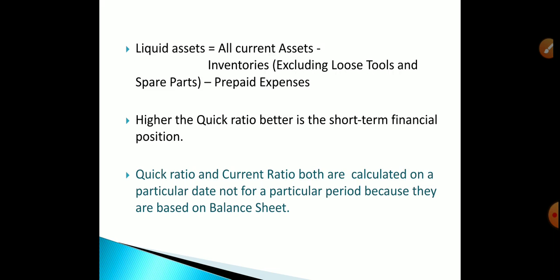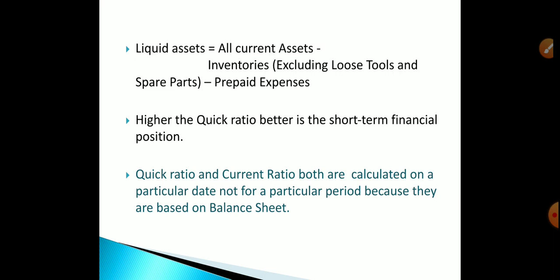And prepaid expenses are excluded because they are expenses paid in advance and they do not get converted into cash. So it is preferred that the higher the quick ratio, the better is the short-term financial position of the firm. And this ratio is important basically for banks and financial institutions.